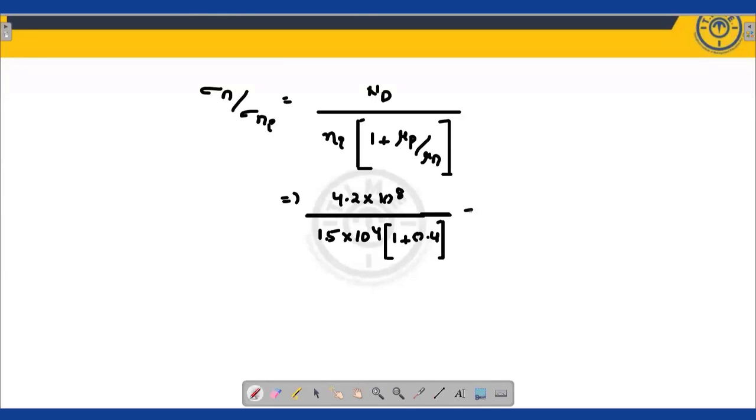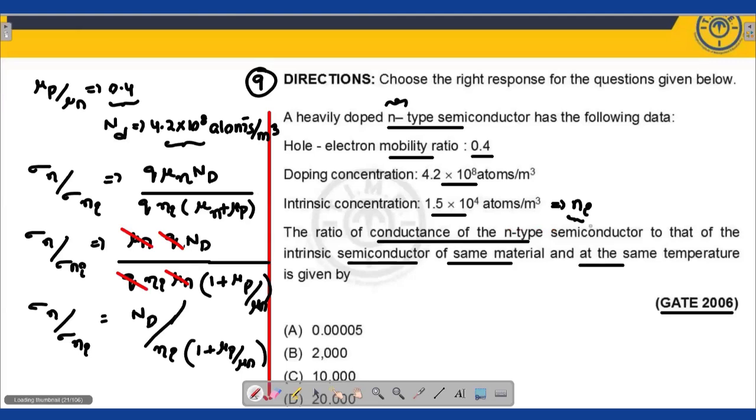Then you are getting this value, approximately 20,000. So the option itself is D, my dear students. Okay, this is about the 9th question. Okay, next, 10th question.